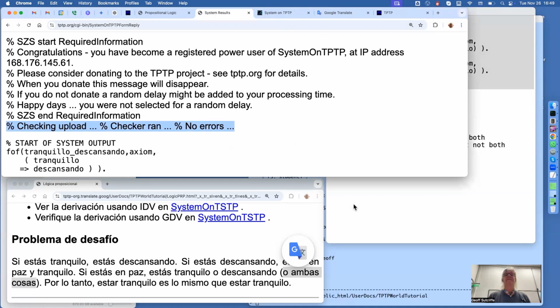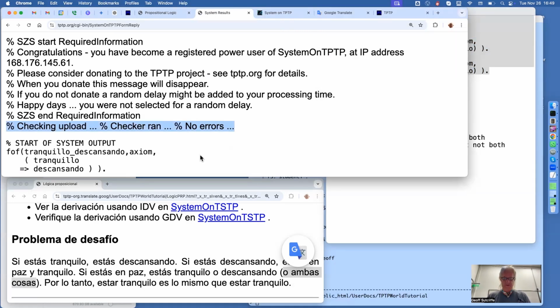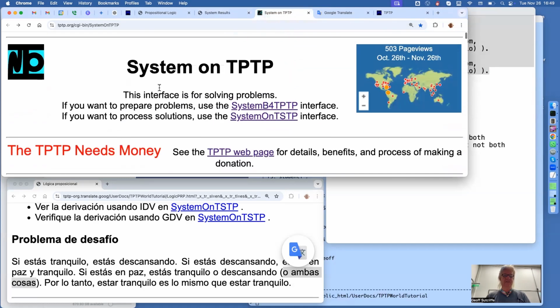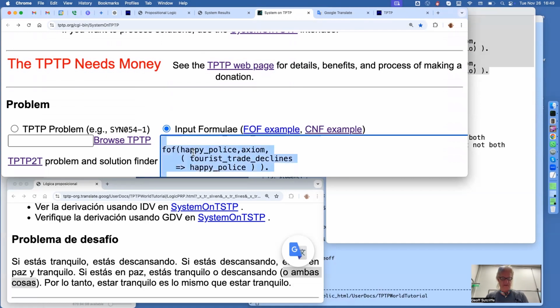Okay. Step number 2. Before proving, if we are good software engineers, we check the axioms are satisfiable. So we take only the axioms, copy, and we go to the System on TPTP interface. I'll put them in here.